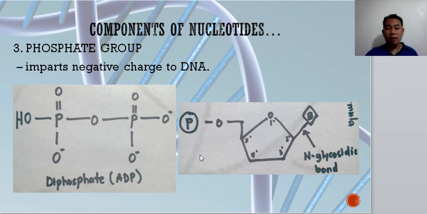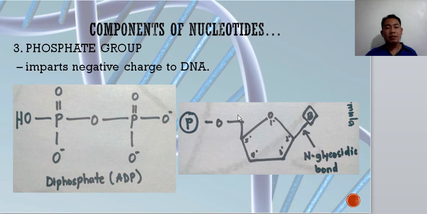The next component of a nucleotide is the phosphate group. The phosphate group imparts a negative charge to the DNA. As I mentioned last time, if two phosphates, it's diphosphate; if one, it's monophosphate; if three, it's triphosphate. The connection between the base and the five-carbon sugar is called an N-glycosidic bond.